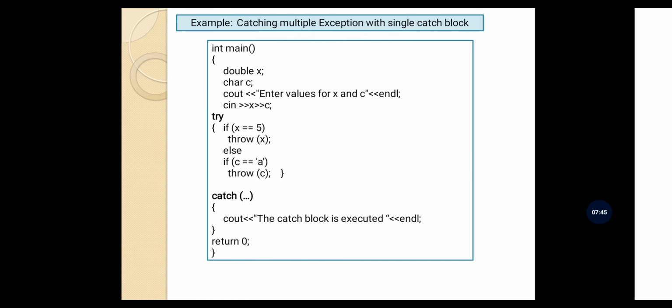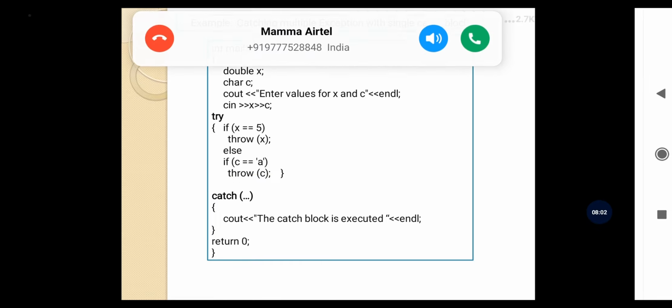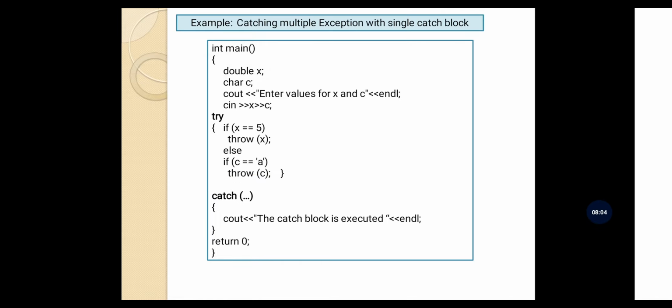So if you look at the code here, we have a main method in which I have a single try block, and in that try block I have two exceptions, similar to the previous one, where one is a double and the other one is a character. Now if you look at this, I have 2 throws, so I should have 2 catch blocks.